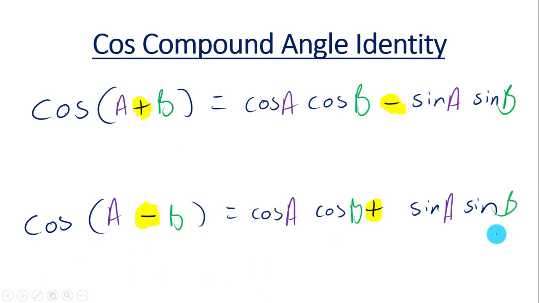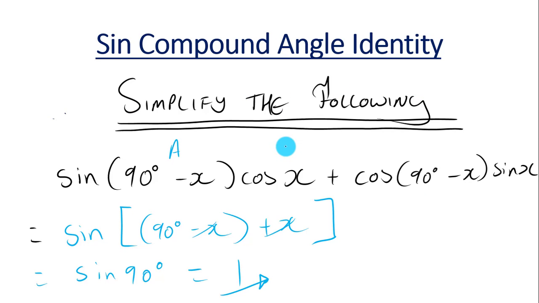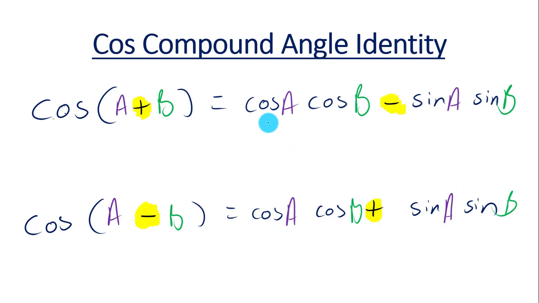Next, we have the cosine compound angle identity. Now, the cosine compound angle identity differs from the sine compound angle identity in two ways. The first is, whereas in the sine compound angle identity we'd have a sine cos, cos sine pattern, over here we have a cos cos, and then sine sine.